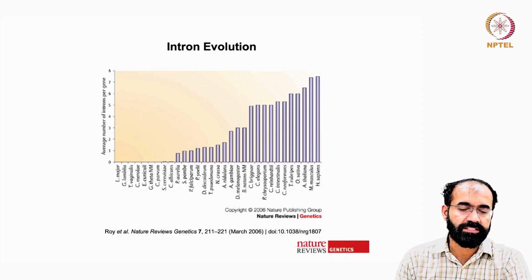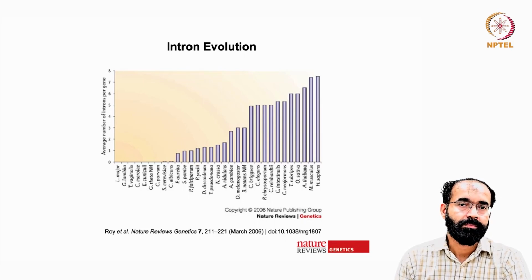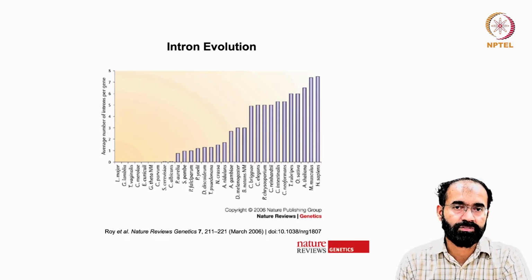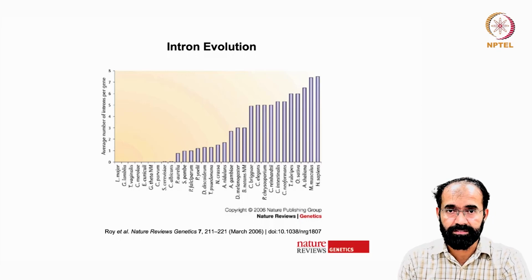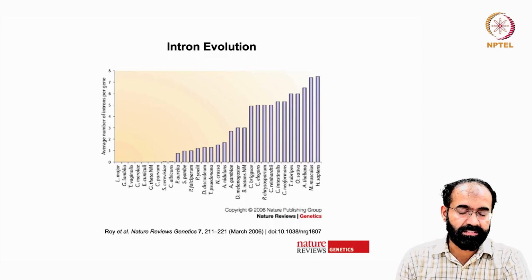This is of course an average number. You take the total number of introns divided by the total number of genes. Say the total number of introns is 10,000, divided by the total number of genes, maybe around 15,000, or maybe 8,000 or 9,000 genes. I am just giving a crude example.